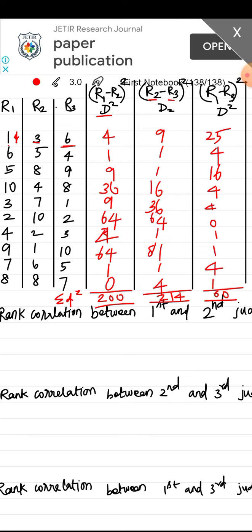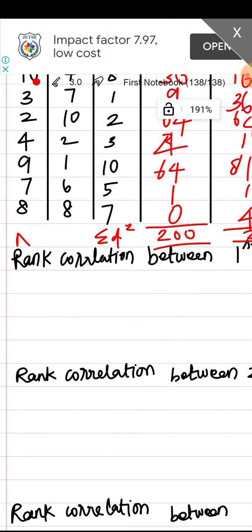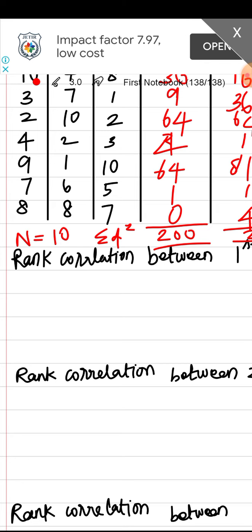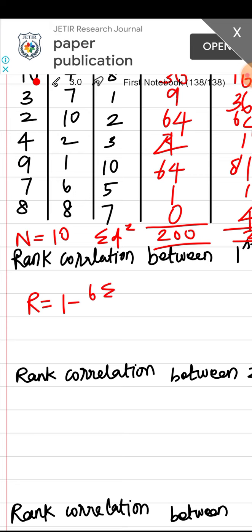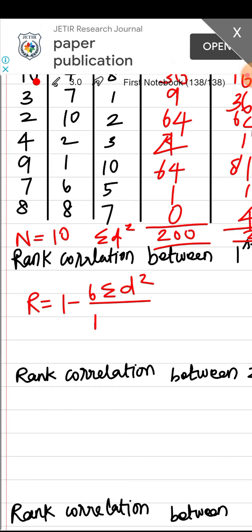First we have to find the rank correlation between first and second. The formula is: here n is 10, since there are 10 competitors. So R equals 1 minus 6 into summation d square divided by n into n square minus 1. Otherwise you can use this formula, n cube minus n.